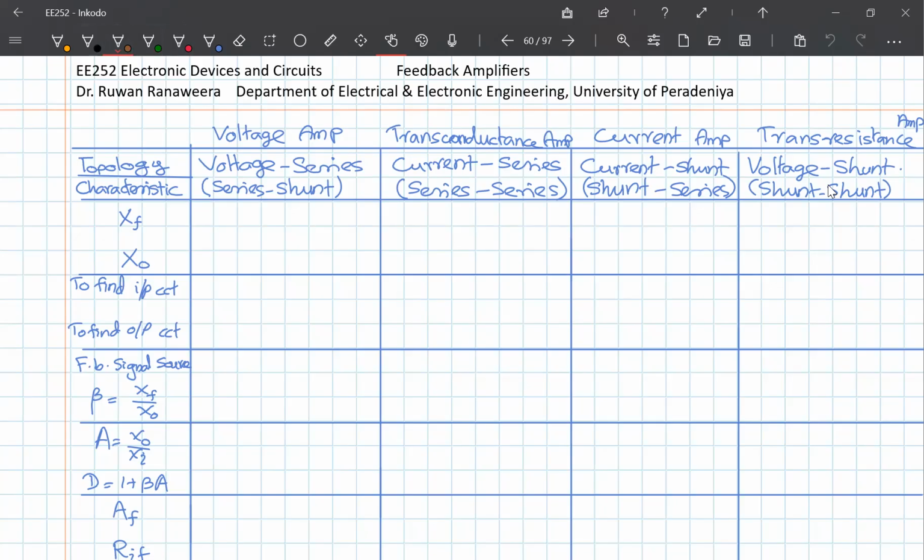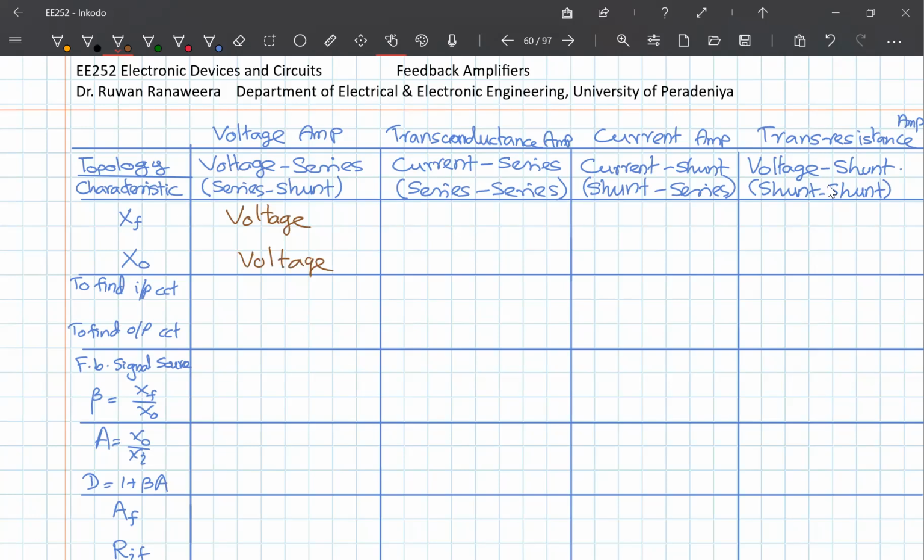The feedback signal in the voltage amplifier should be a voltage, and output is also a voltage, right?